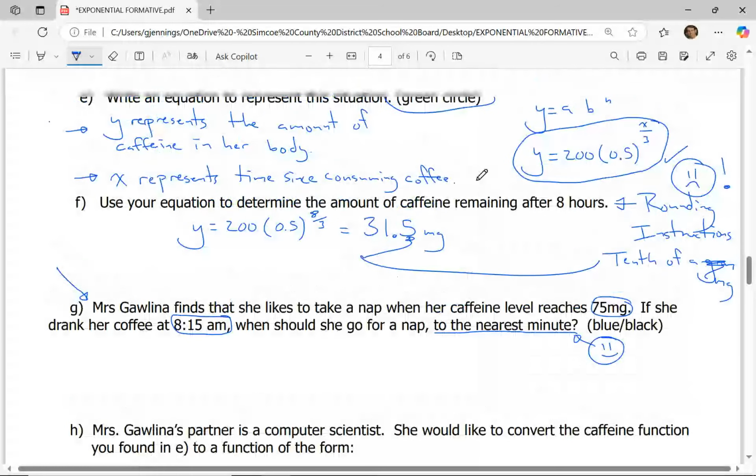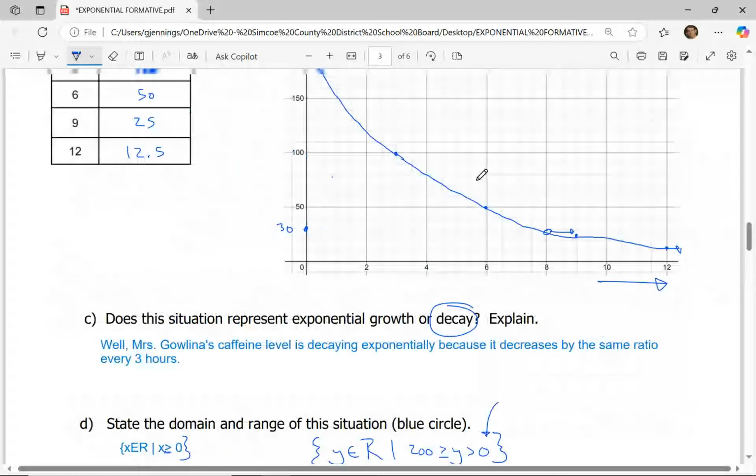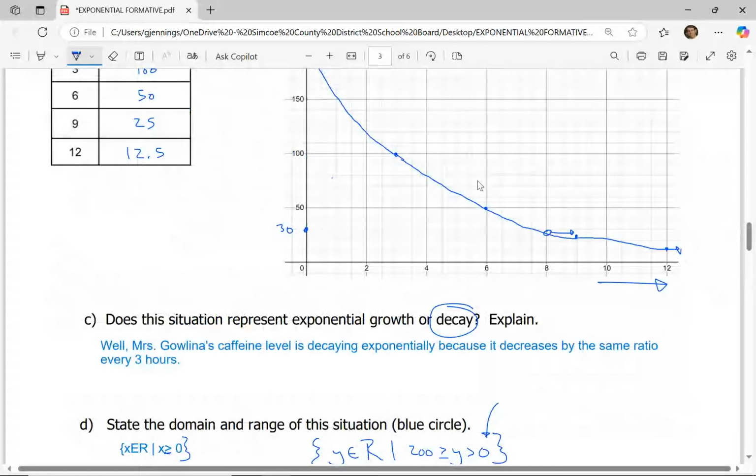Okay, so if we go up here and we're looking for 75, what we're saying is, where is that going to be 75? And it really looks like 4.5, or like four and a half or something like that hours. But we want really accurate.